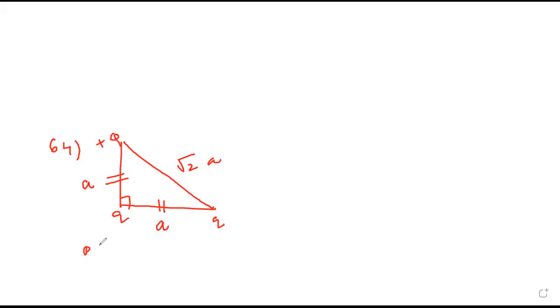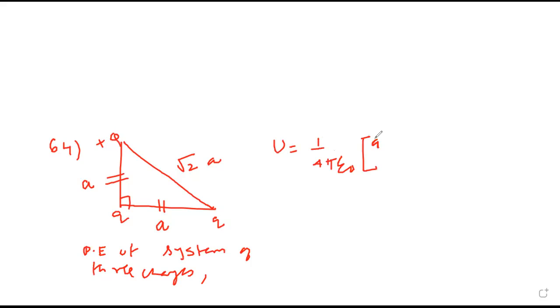So potential energy of system of three charges, U, is given by 1 upon 4 pi epsilon naught, q1 q2 upon distance between 1 and 2, plus q1 q3 upon distance between 1 and 3, plus q2 q3 upon distance between 2 and 3.